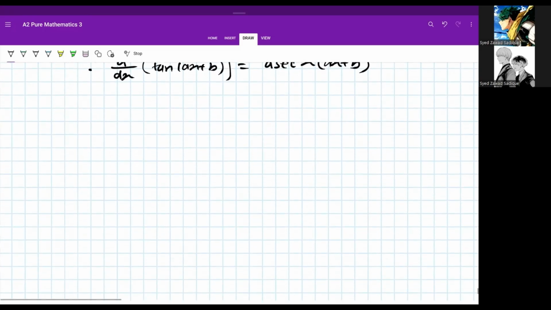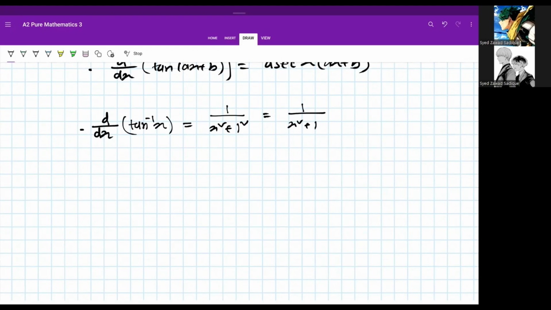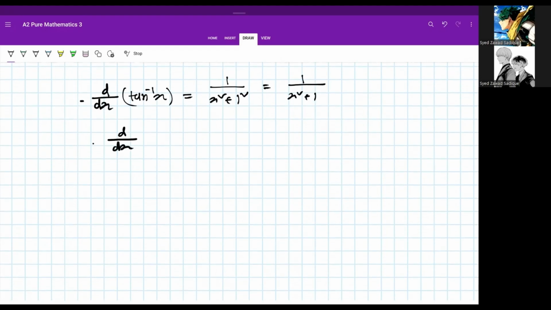So, d by dx of tan inverse x is 1 by x squared plus 1. d by dx of tan inverse ax is equal to, sorry, that would be a by a squared x squared plus 1. All right.